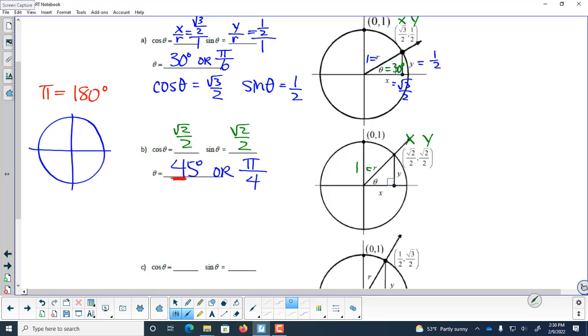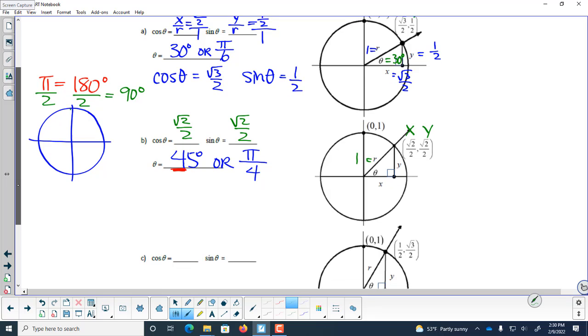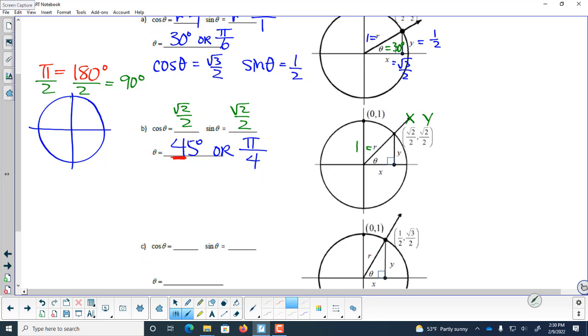So if I divide both sides by 2, I get pi over 2 is 90. These are just helping you remember these things. The quadrantal angles are going to be multiples of pi over 2 or multiples of whole pi's. Okay? So this angle is 45.